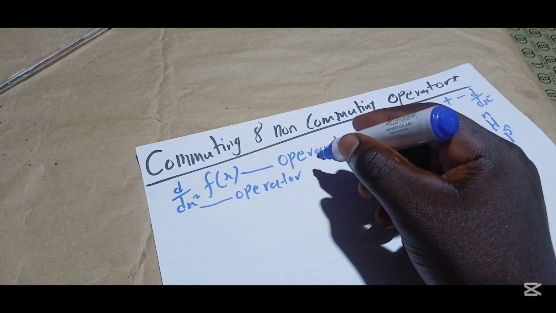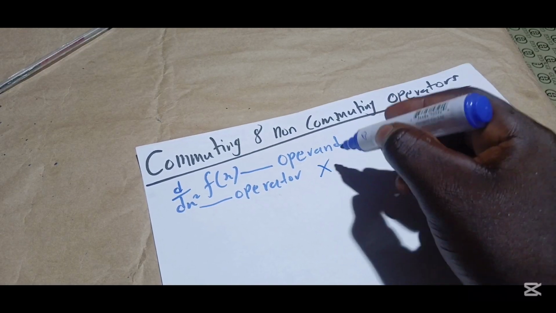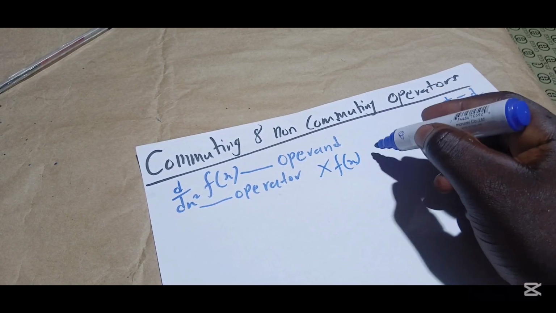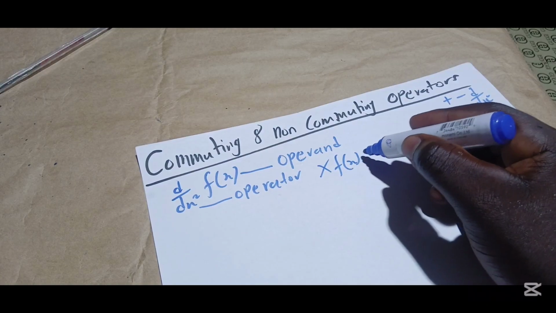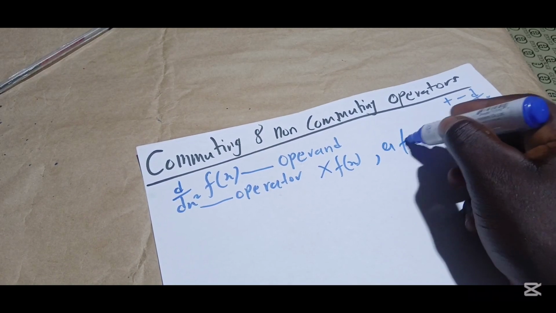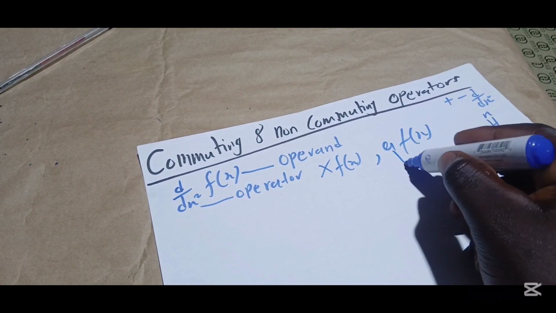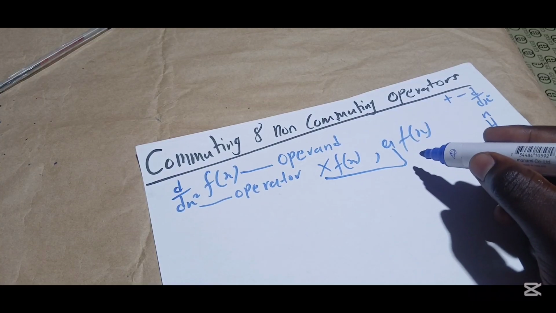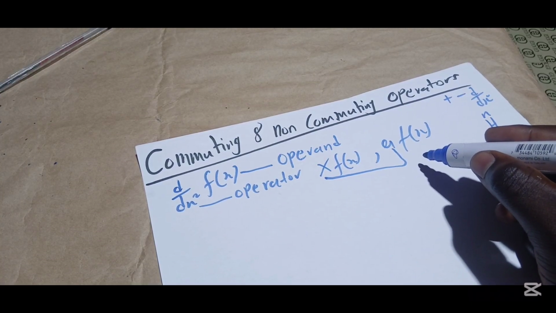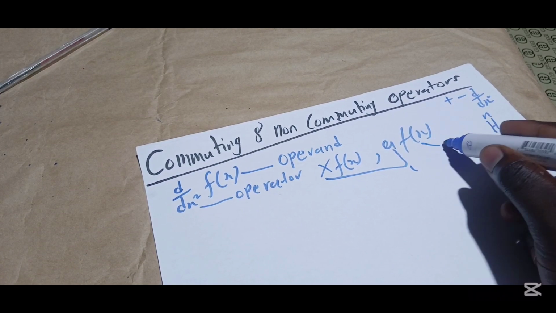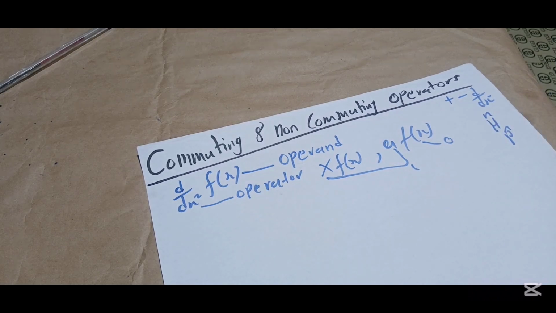Generally, if you have functions of this form, x f of x and e f of x, these coefficients can be referred to as operators, where these are operands. Well, let's look at what we want to do in this video.